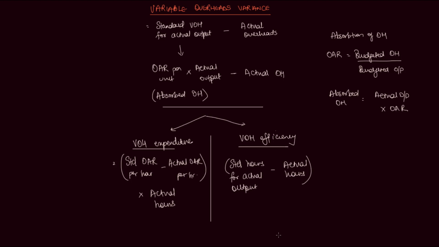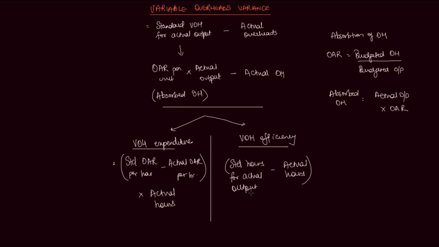If they were fixed overheads, then the fixed overheads would not vary with the level of activity, but these are variable overheads. So if the labor is inefficient, obviously we will have to pay them more wage cost. That will be an extra cost for the organization, and that will be reflected in the labor cost variance. But it will also affect the variable overheads variance, because every extra hour worked will lead to higher variable overheads for the organization. That is the logic why efficiency of the workers is also affecting the variable overheads variance.